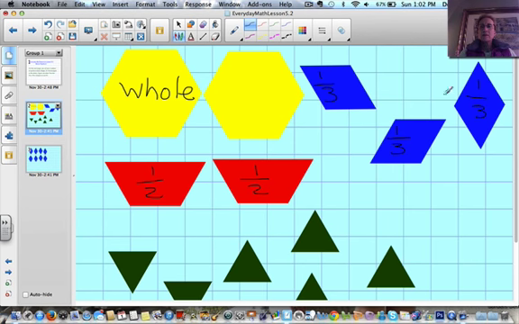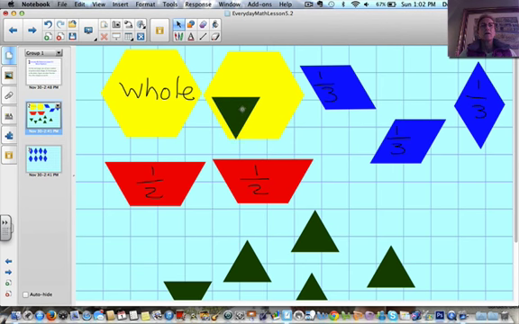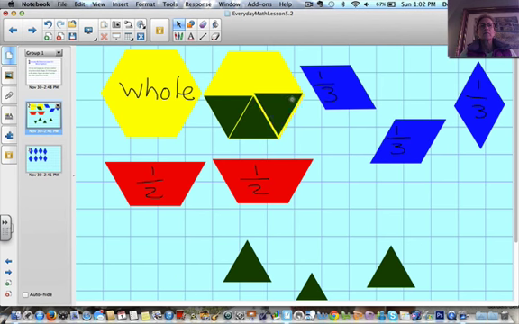And then the last shape that we're going to look at is the triangle. I put that right there, and maybe let's do a couple more just to see, and slide this one up here. You can probably figure out that I'm going to be able to fit 6 triangles on top of the hexagon. So each triangle is worth 1/6.